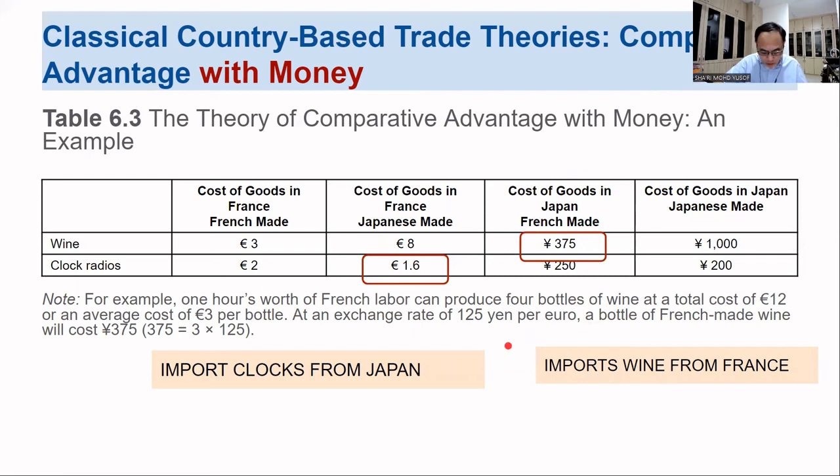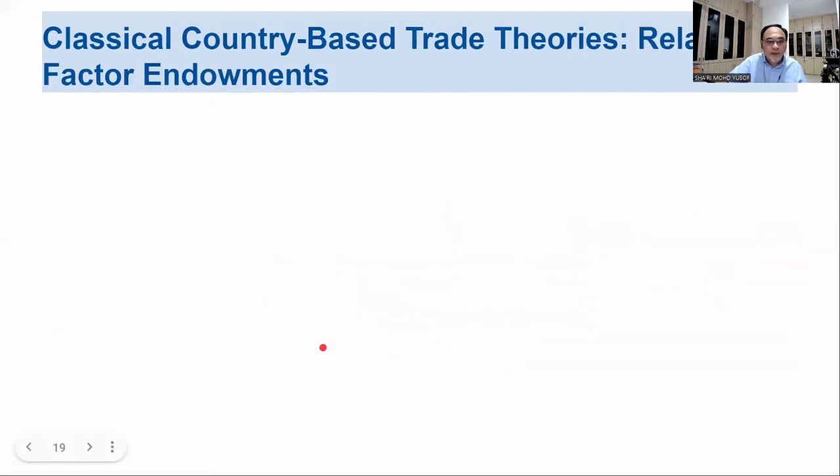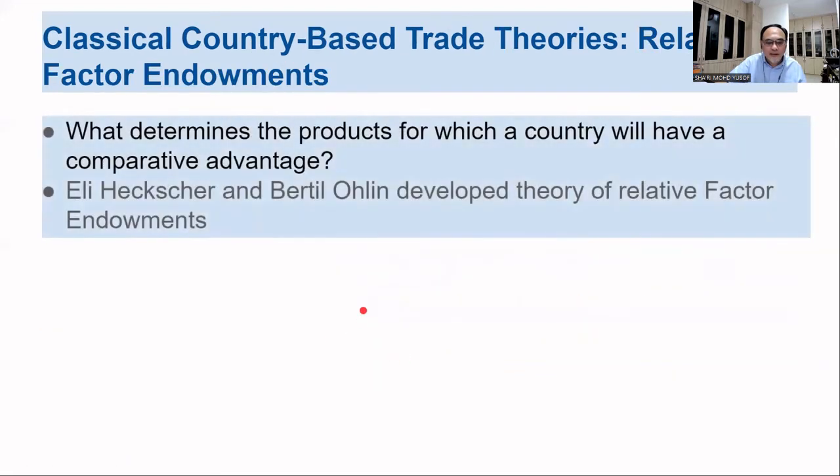So that is the comparative advantage theory, and next there are newer theories.